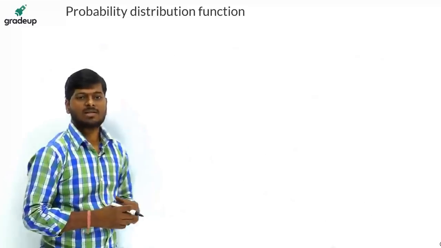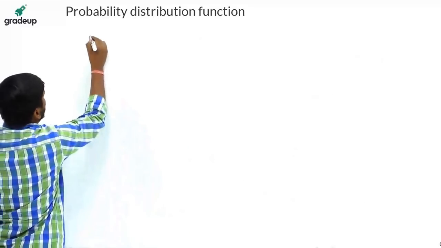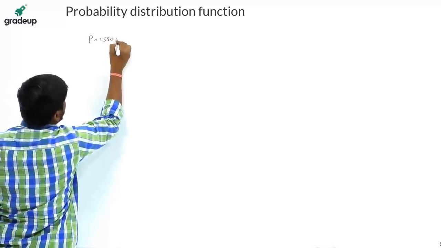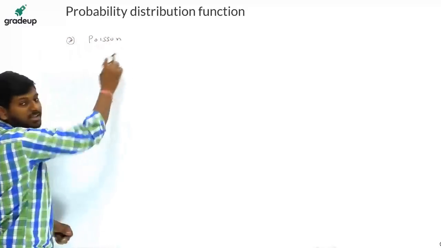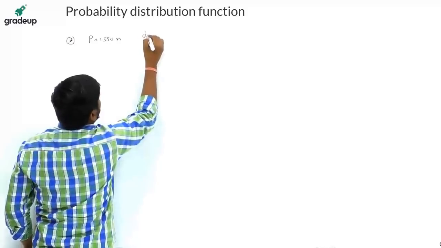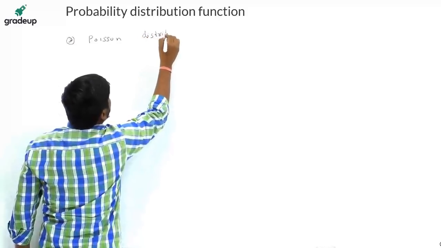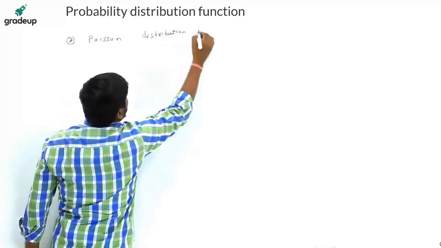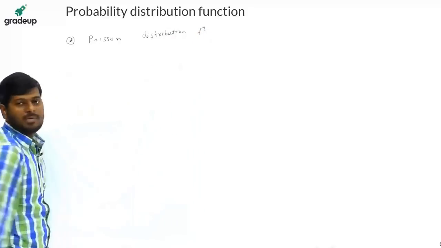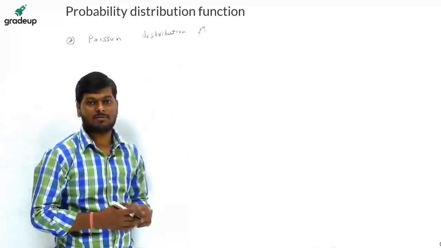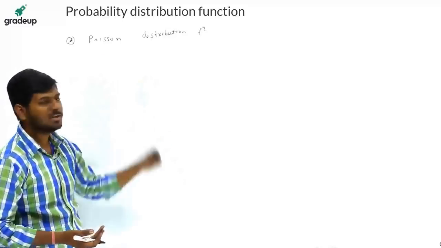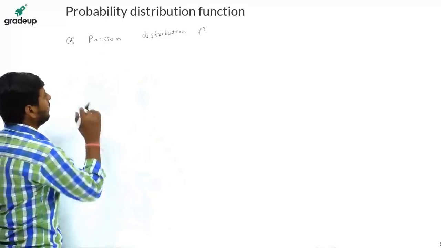Let's come to the next distribution function, that is the Poisson distribution function. This is the third discrete distribution function, Poisson. This function can also be a subpart of the binomial distribution function, because it is a special case of the binomial function only. See how.